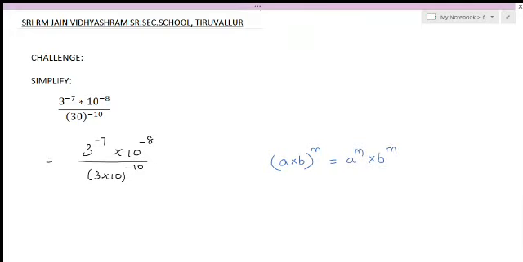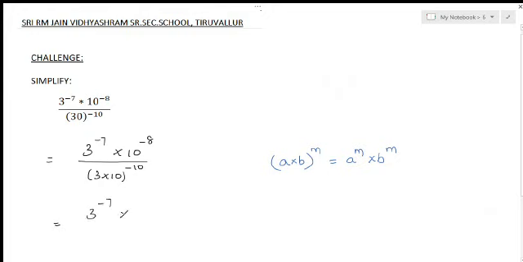You can see the denominator has 3 into 10 whole power minus 10. Let the numerator be as such: 3 power minus 7 into 10 power minus 8 divided by. Here we are going to use a into b whole power minus m equal to a power m into b power m. Here instead of a I have 3, instead of b I have 10 and instead of m it is minus 10. So 3 power minus 10 into 10 power minus 10.